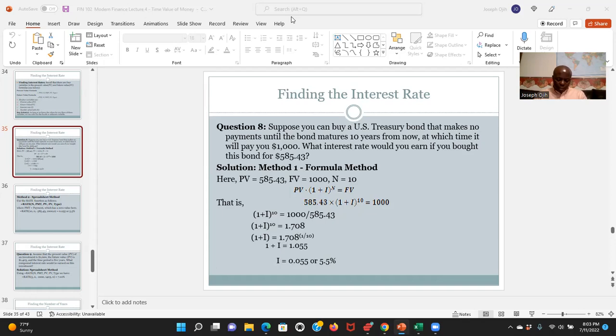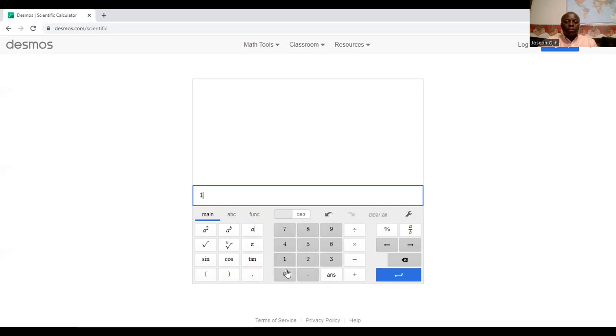Let me write this down: 1,000 divided by 585.43. So I'll take you to my calculator so you can divide it. 1,000 divided by 585.43 gives you 1.708146, but I rounded it to 3 decimal places, 1.708.